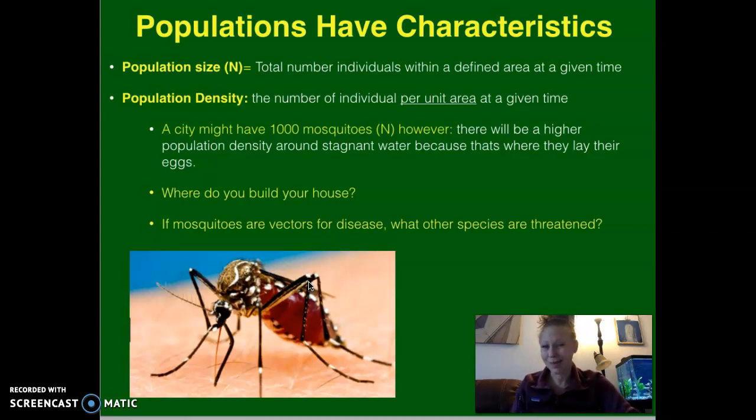And we might not think that mosquitoes are important to understand when their populations are going to grow and when they're going to decrease. However, it's surprising because everything impacts everything else, as you will see. So where do you build your house? Do you build it by stagnant water? What time of year do you go to visit a country that might have mosquitoes that carry malaria?